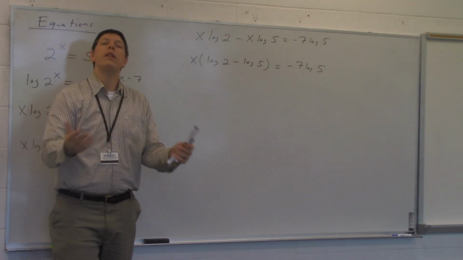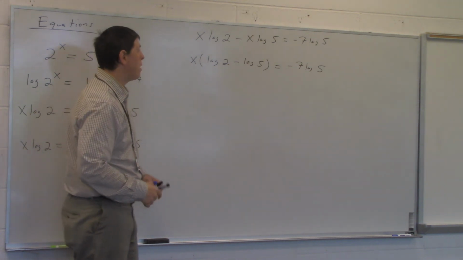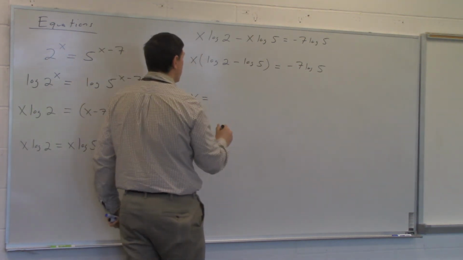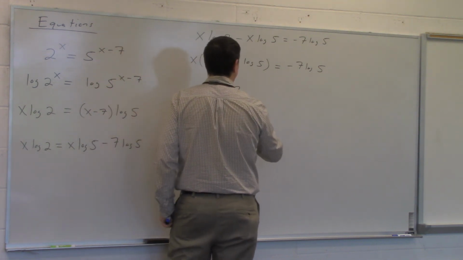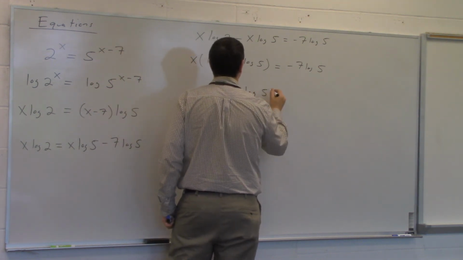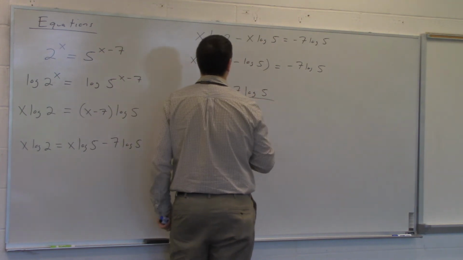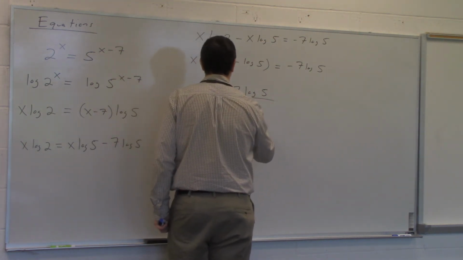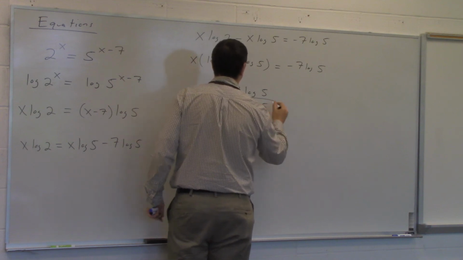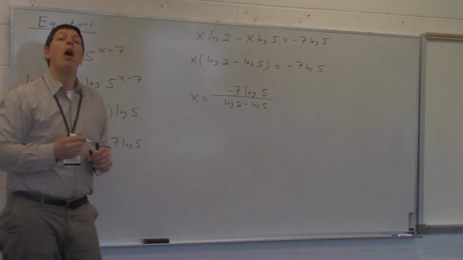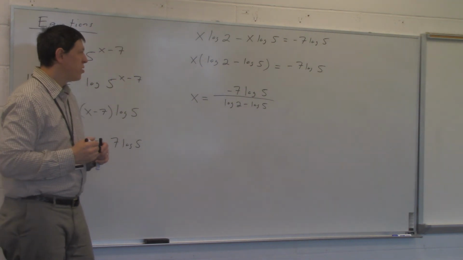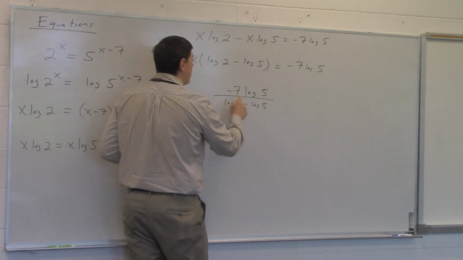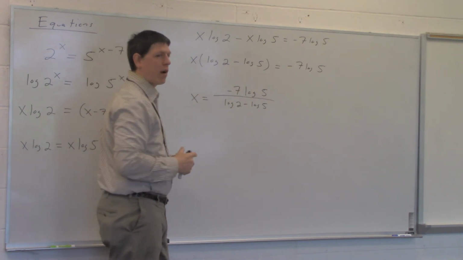And then finally, we can divide both sides by log 2 minus log 5. So x equals negative 7 log 5 divided by log 2 minus log 5. Another way that we could write this, which is pretty cool, is we could just divide everything by negative 1, or flip all the signs around.